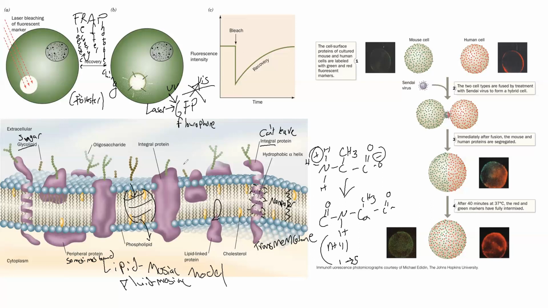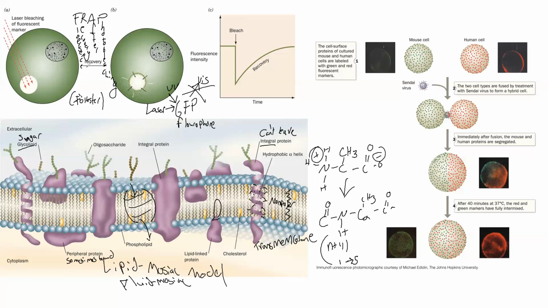Now let's see how we can use that. So imagine that we're looking at a cell. And let's say we took every single lipid in the membrane and made it fluorescent. And then we look at the fluorescence and we see, oh, okay, it's green all over the place. Good, we have lipids everywhere. Then we hit a part of the membrane with the laser, killing fluorescence. So we get this giant white spot.